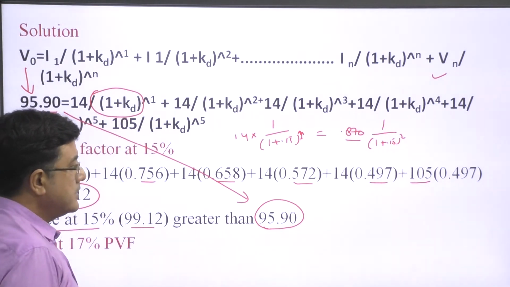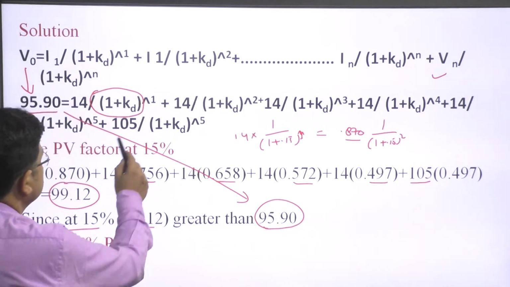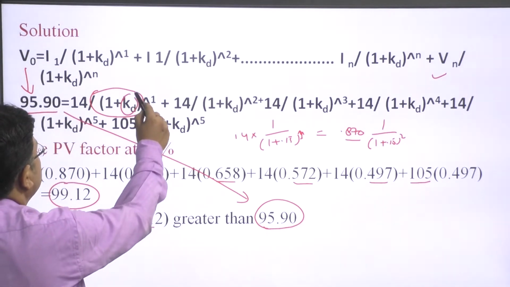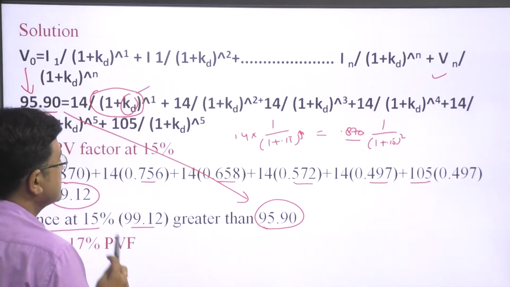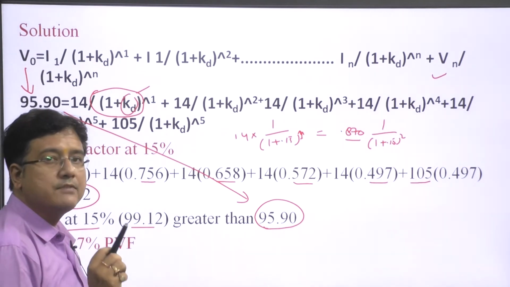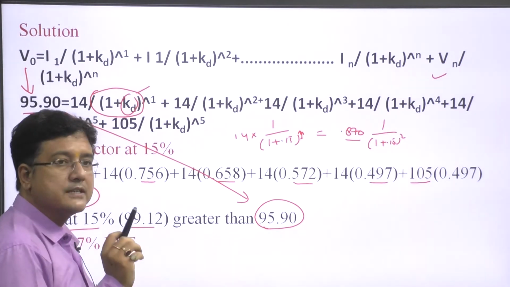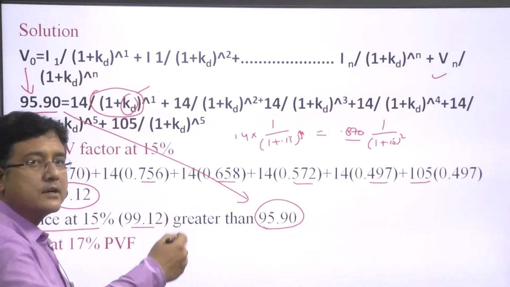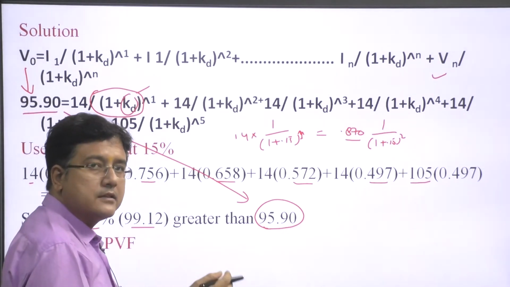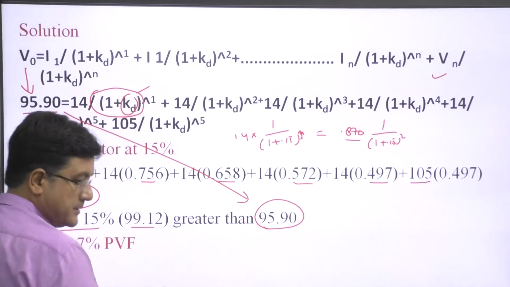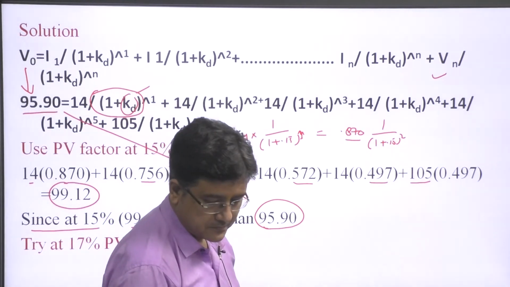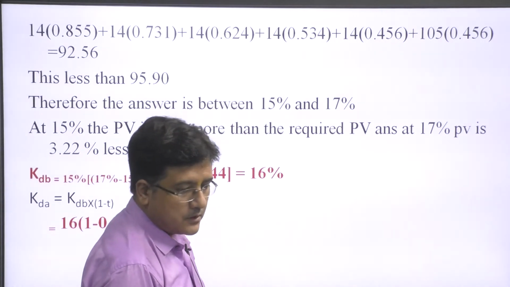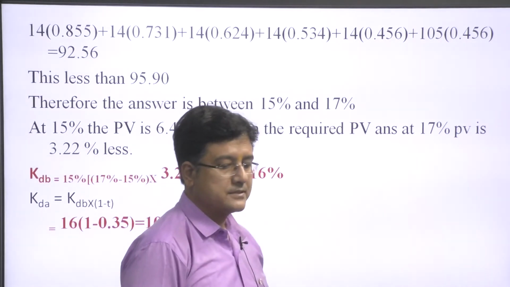We want to calculate at which percentage rate we get 95.90. At 15% we get 99, so we move further, now we move to 17%.